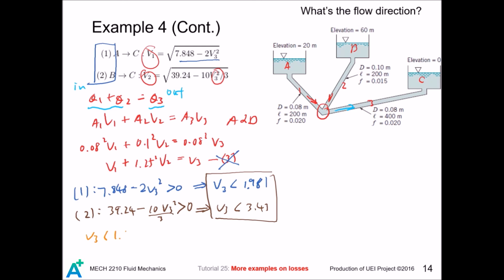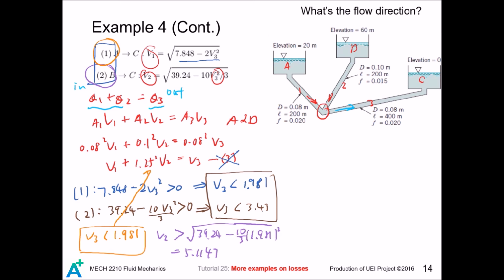We conclude that, and this information is coming from equation 1. So we haven't used equation 2, and we plug this into equation 2, we get, and finally, we also plug this result into this equation.